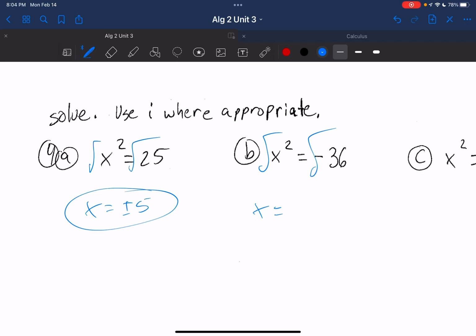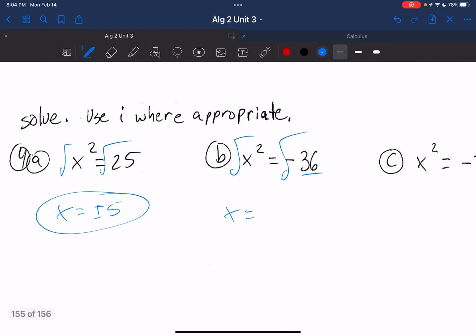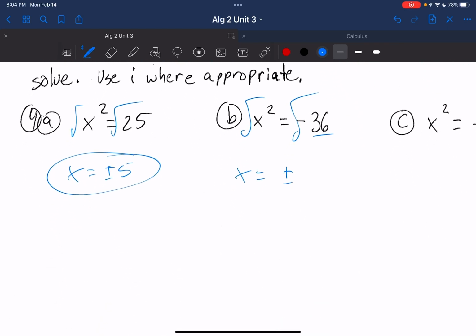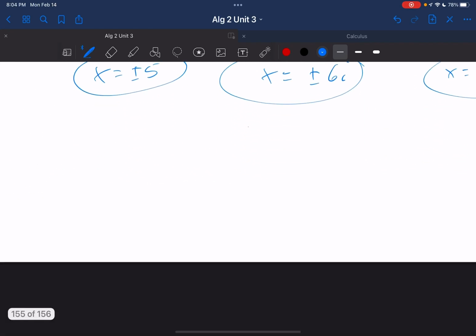The square root of 36 is 6, like up here where I took the square root of 49, and the square root of the negative part is i, so it'd be plus or minus 6i. Over here, I can't take the square root of the 7, so I leave it as a square root and write plus or minus square root of 7 times i. When I take the negative out, that's the i business. That's the whole first page.